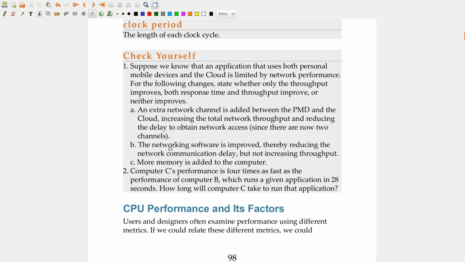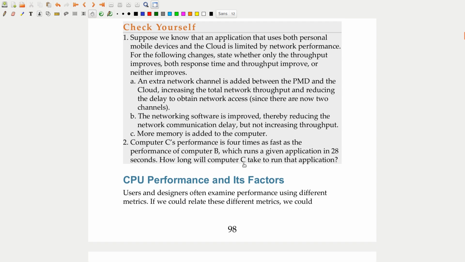B, the networking software is improved, thereby reducing the network communication delay but not increasing the throughput. C, more memory is added to the computer. And then question 2: computer C's performance is 4 times as fast as the performance of computer B, which runs a given application in 28 seconds. How long will computer C take to run the application?